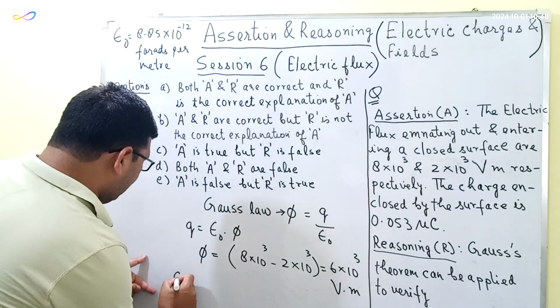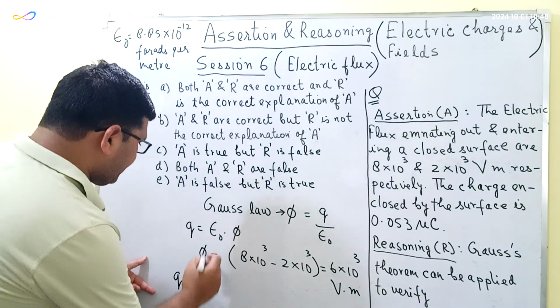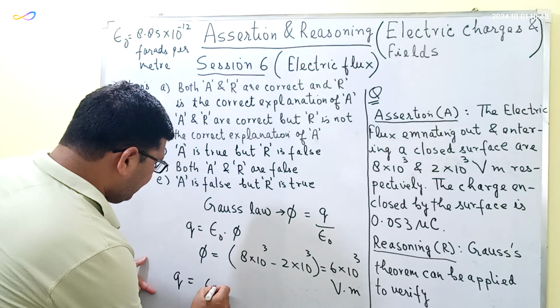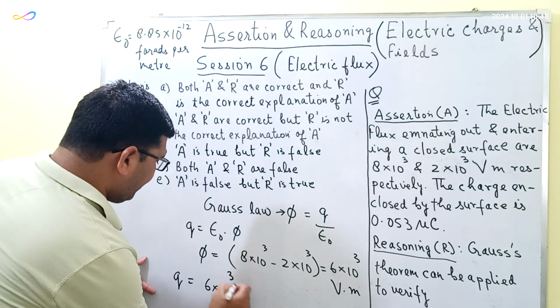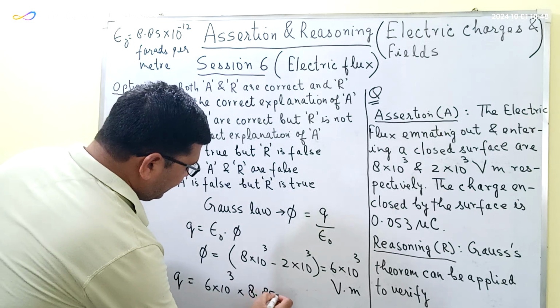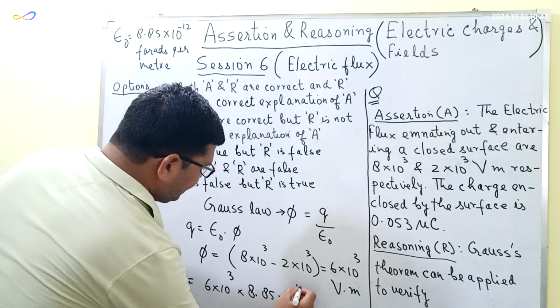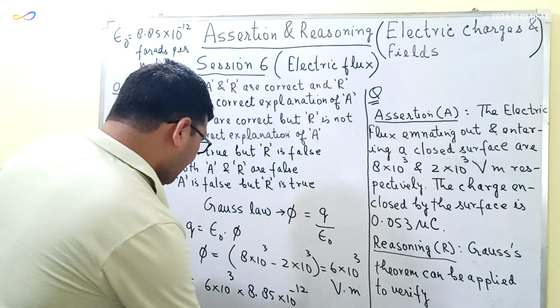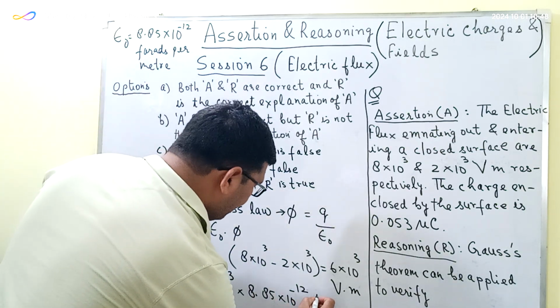So the charge enclosed by this closed surface will be equal to 6 into 10 to the power 3 multiplied by 8.85 into 10 to the power minus 12, and this will be in coulombs.